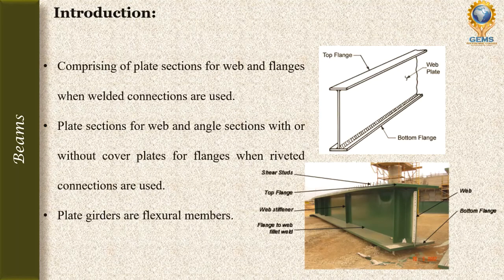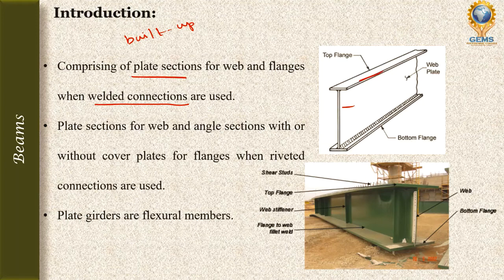So let's start our video lecture on the topic Introduction to Plate Girders. Plate girders are built-up sections. If you are going to connect it with a welded connection, then both the web and the flanges will have plate sections.